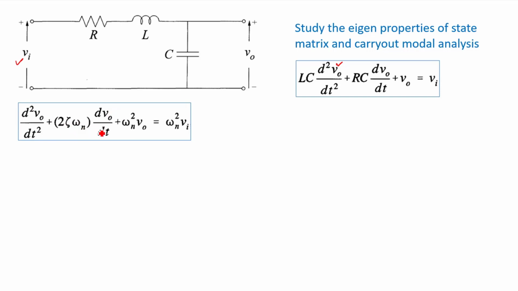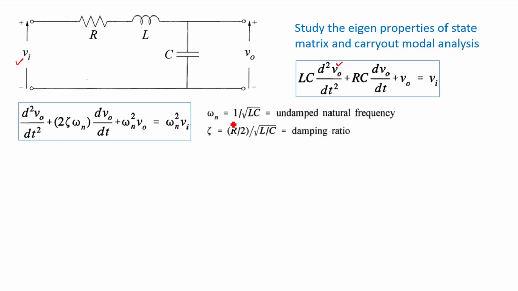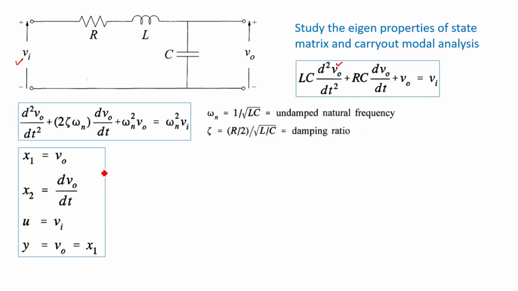Omega n is 1 by square root of LC, and zeta is R by 2 times square root of L by C, the damping ratio, and omega n is the undamped natural frequency.